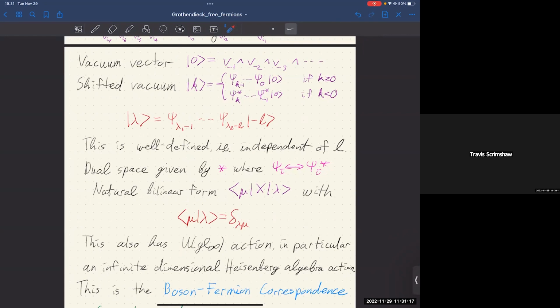Well, being a Clifford algebra, and in particular the Clifford algebra that we're working with, there's a nice anti-automorphism that swaps psi i with psi i star, which I will very cleverly denote by star. And this is going to give us a dual space, and it precisely corresponds to taking duals in the usual way. So again, I very cleverly am writing this by star.